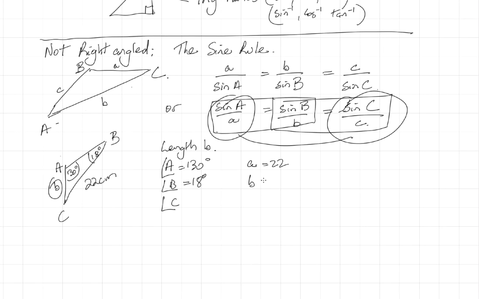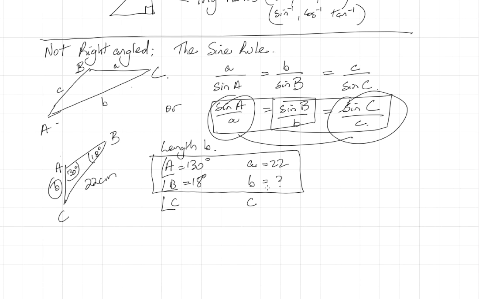The length of side B is unknown, and the length of C we don't know as well. So it looks as though if we use A over sine A and B over sine B, we will have 3 of the 4. So we won't use C over sine C because we don't know those. So once again, you must know 3 of the 4.